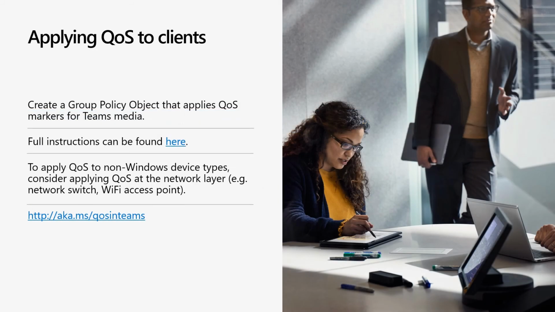There's a great short URL called aka.ms/QoSInTeams. And so if you're interested in digging into this topic a little bit further or learning a little more about this, you can use that short URL to learn all kinds of things on QoS and Teams.